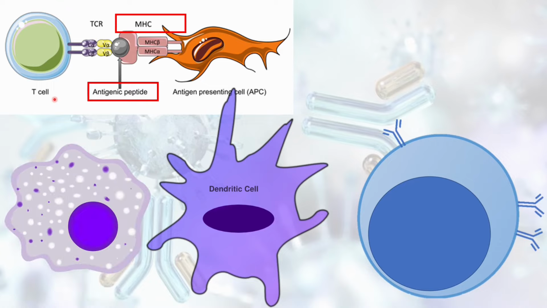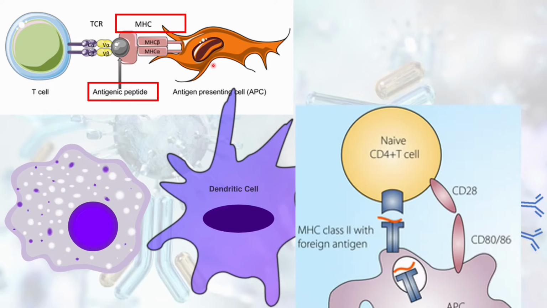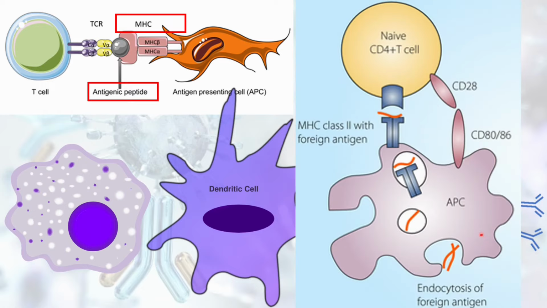Now, antigen-presenting cells like these are the ones that phagocytose the antigen, they engulf the antigen, they process it, and then present it on their surface, like this, which means that they engulf the antigen or the organism in vesicles and then process these antigens to break them down into small pieces in order to be recognized by the T cell.